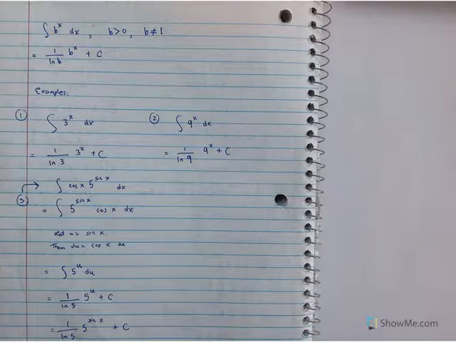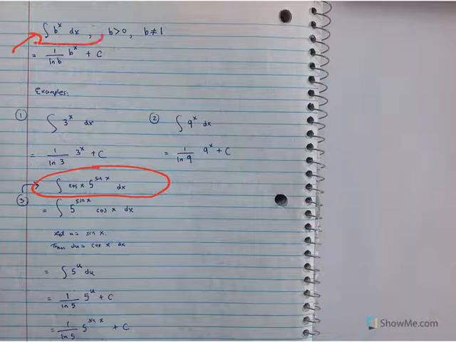Now we look at number 3. Here's our problem. We have the indefinite integral of cosine x times 5 to the sine x dx. Now, when you look at that, you may not think to use this rule right away, because you don't quite see b to the x as obviously as we saw in numbers 1 and 2.